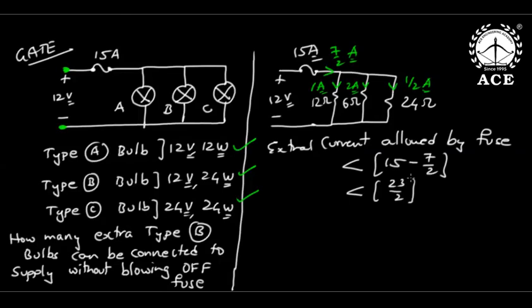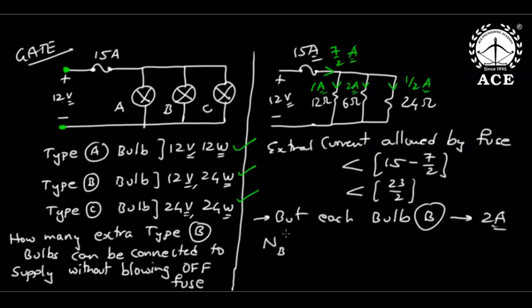But each bulb B carries how much current? Each bulb B is carrying 2 amperes. So n bulbs of B, each carrying 2, should be strictly less than 23 by 2.